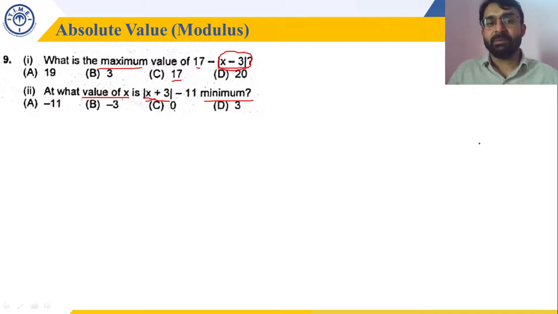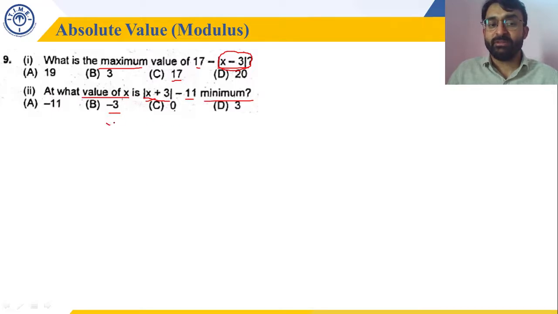What is the minimum value mod of x plus 3 can take? 0. So if x plus 3 is 0, the minimum value of this expression is minus 11. If x plus 3 is 0, x is equal to minus 3. So for x is equal to minus 3, this expression will be minus 11, which is minimum.